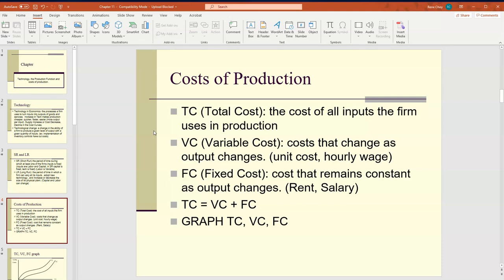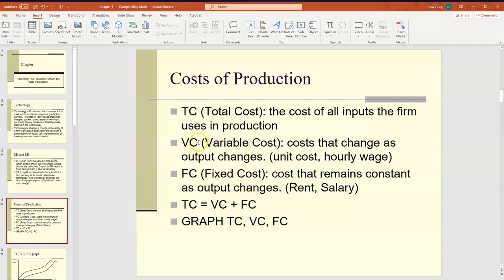Another example of a fixed cost is things like salaries. I guess it's a bit of a stretch, but if you have particular workers that you really cannot get off payroll, then that will be another example. But in any case, the best example of fixed cost is something that does not change, something like rent.